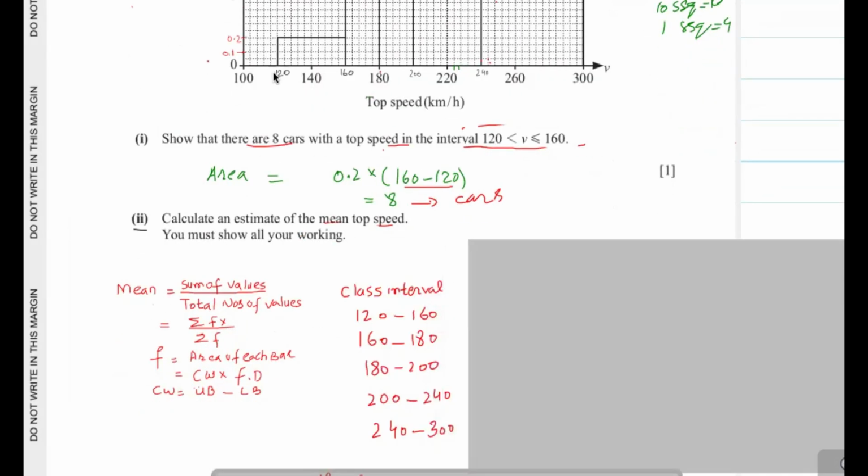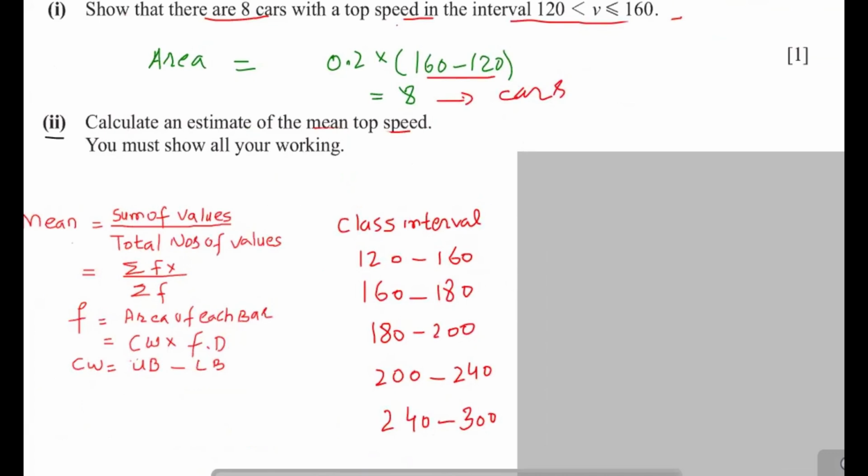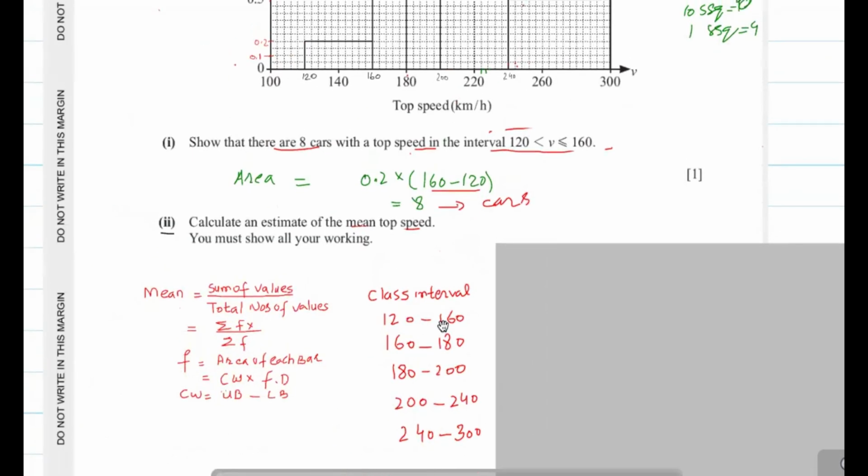The first class interval here is 120 to 160, next is 160 to 180, the third bar is 180 to 200, and next is 200 to 240. This is 200 and this is 240. Next is 240 to 300. After writing these class intervals, we can calculate the class width.